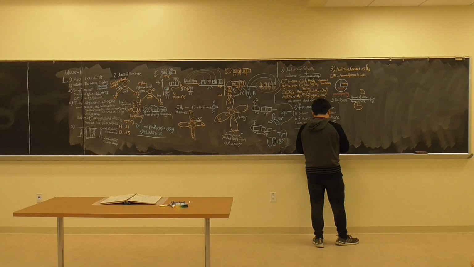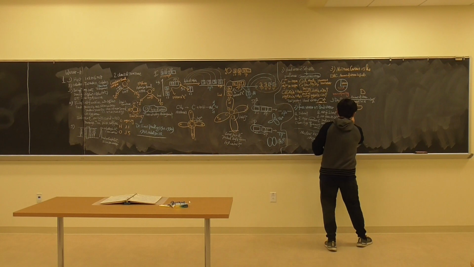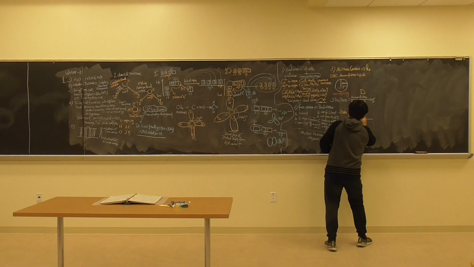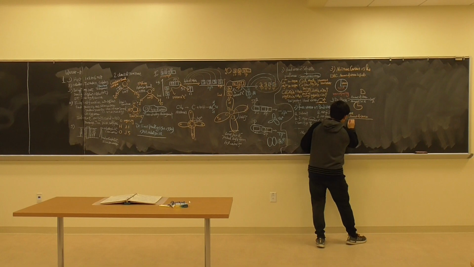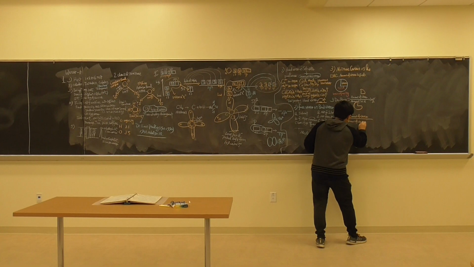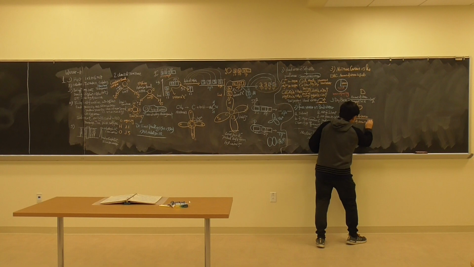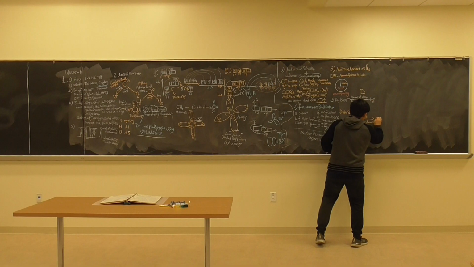The second one, which most of the time is what we refer to, is wet base. So what is wet base? Wet base equals the amount of water divided by the amount of water plus the amount of solid, multiplied by 100%.